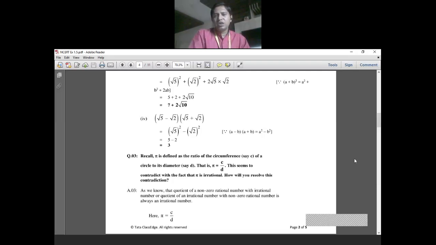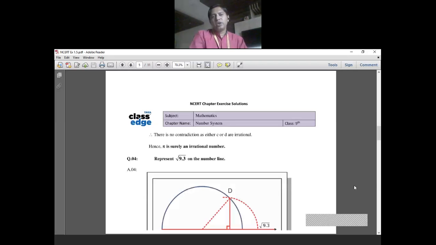If either circumference or diameter is irrational, it will be irrational only. So there is no contradiction, as pi, c or d can be irrational. Hence pi is purely an irrational number.